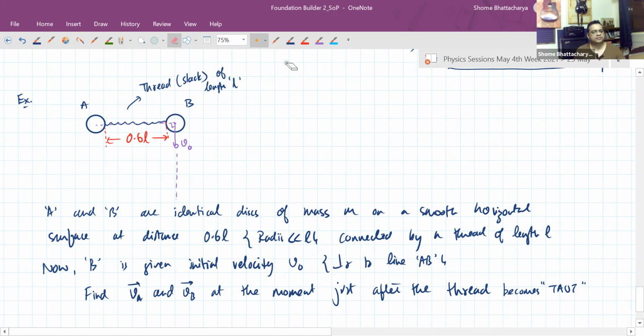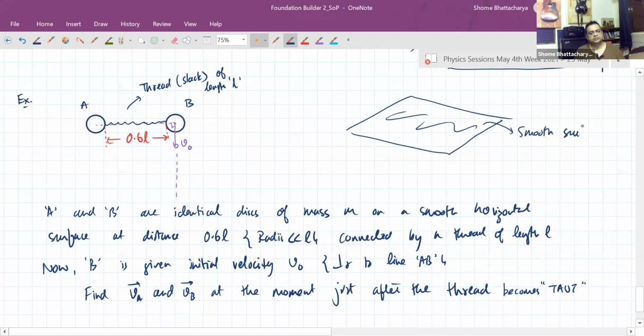Basically, if you look at the three-dimensional view of this, imagine they're on a horizontal tabletop or something. So this is a smooth surface. And on this, we have placed the two discs or carom coins or whatever. And they are connected by a slack string.